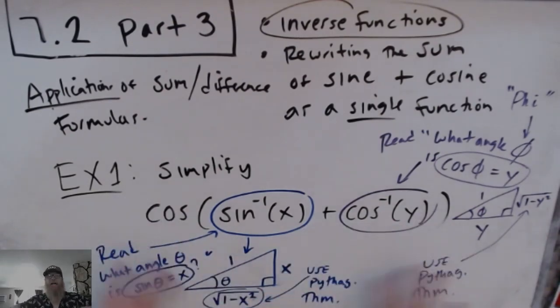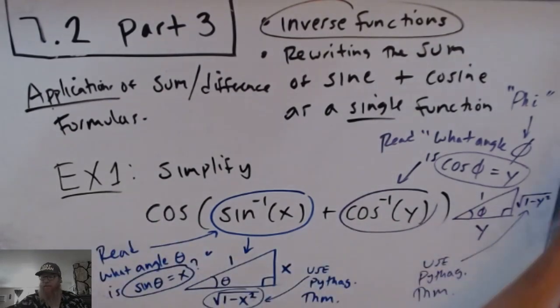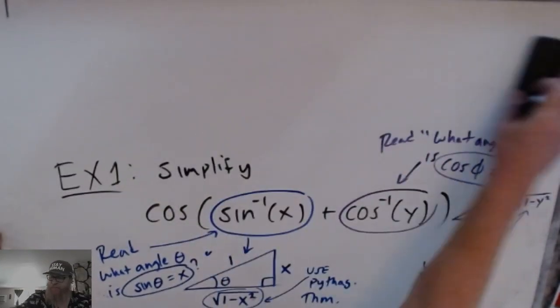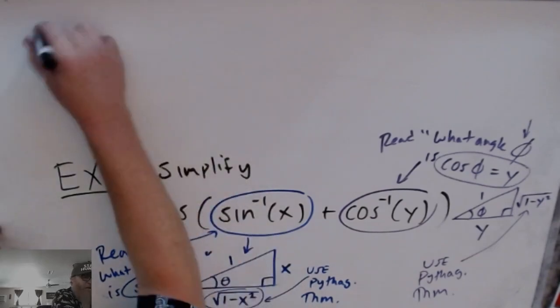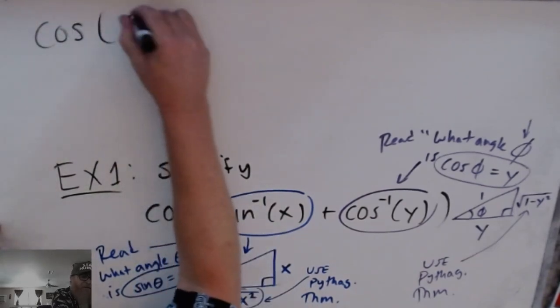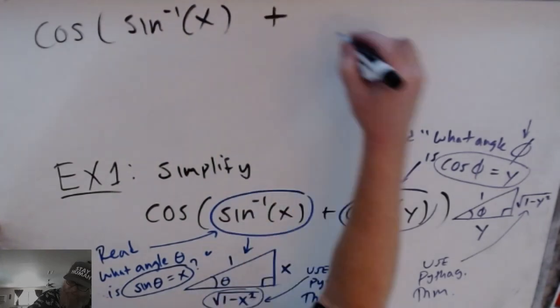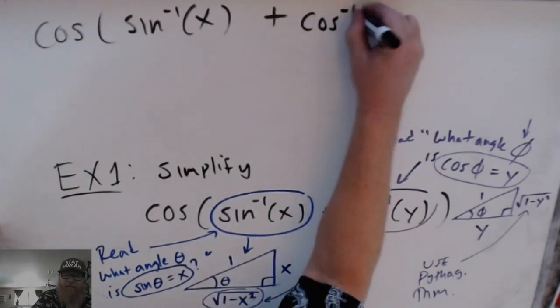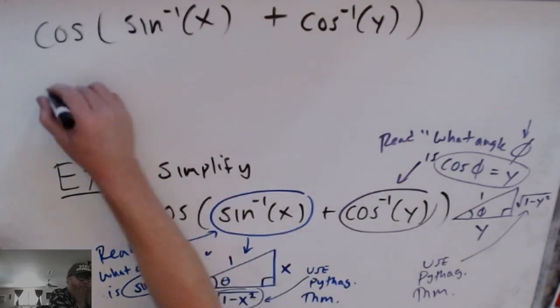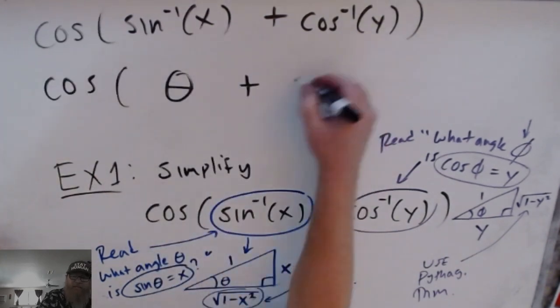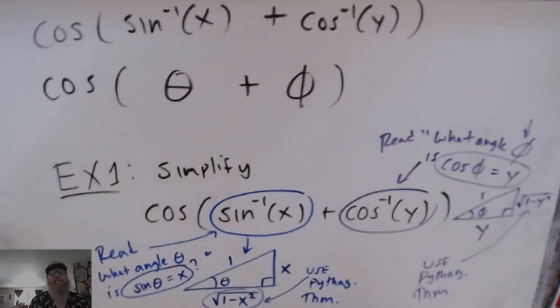Okay, so that's just kind of the setup. I haven't actually done the cosine yet. So let's go ahead and do this problem. Now we have cosine of sine inverse of x plus cosine inverse of y. Sine inverse is theta and cosine inverse is phi.